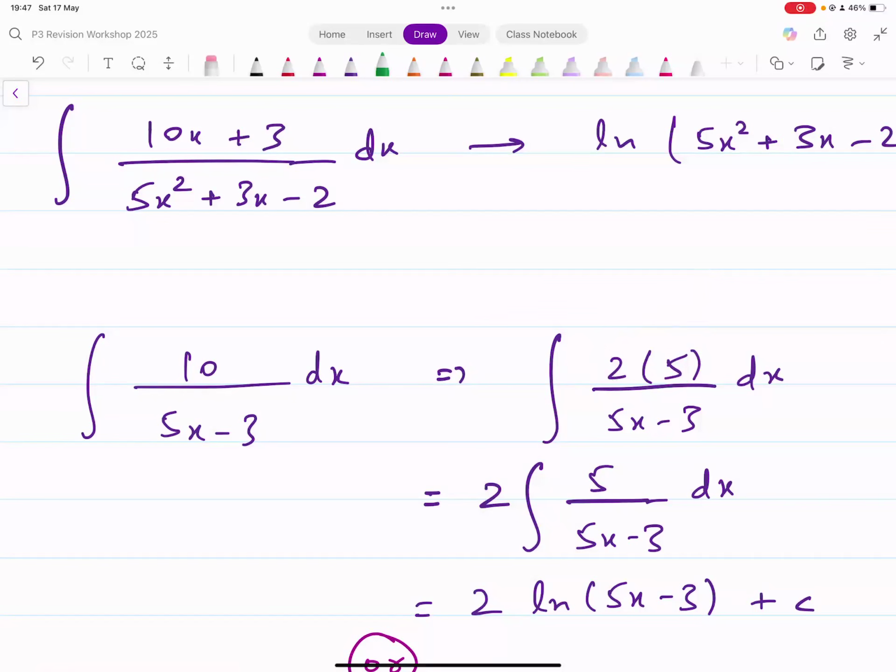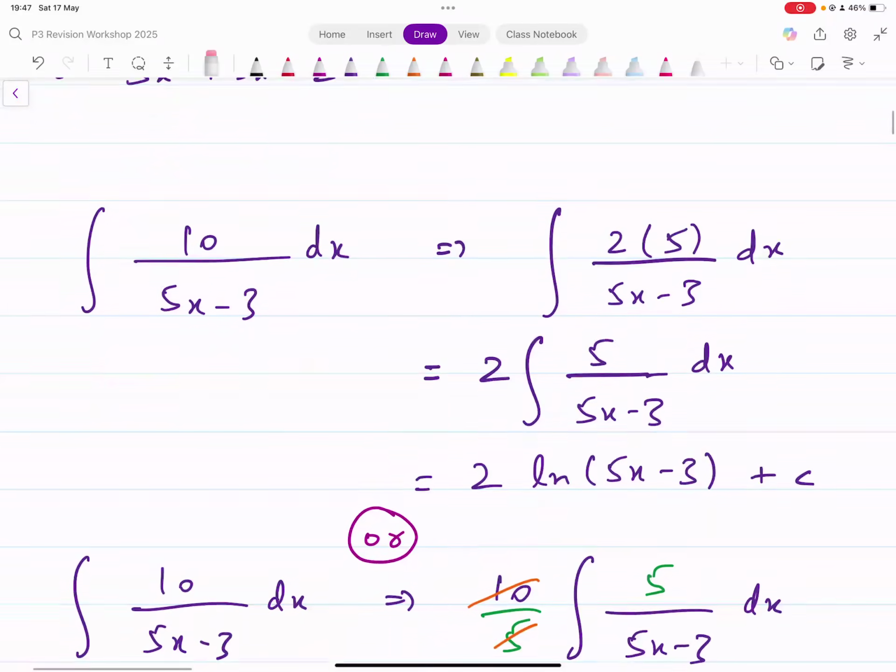Now, 2 is just a constant. We could write that outside the integral as well, because a constant that's multiplying does not change due to integration. So we write 2 outside, and then inside we just have 5 over 5x minus 3. That is exactly the form that we wanted. The numerator is the derivative of the denominator. The integral becomes ln of 5x minus 3.